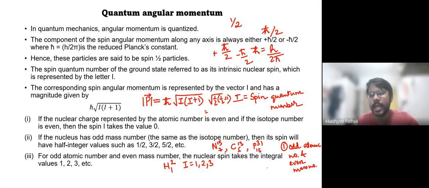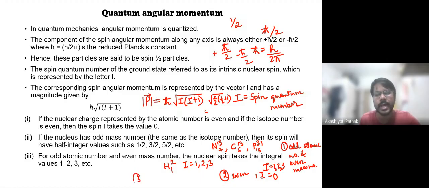Second, if both the mass number and the atomic number are even, then it will have spin quantum number I equal to 0.